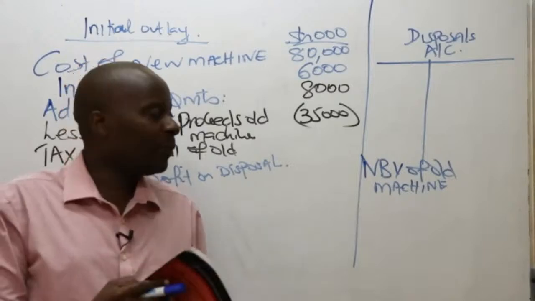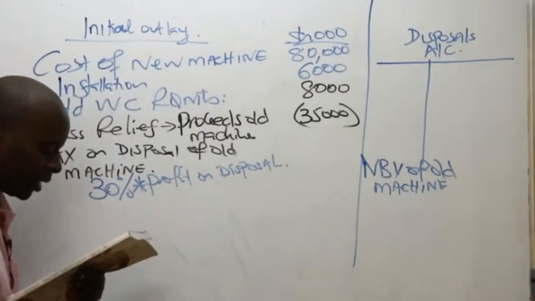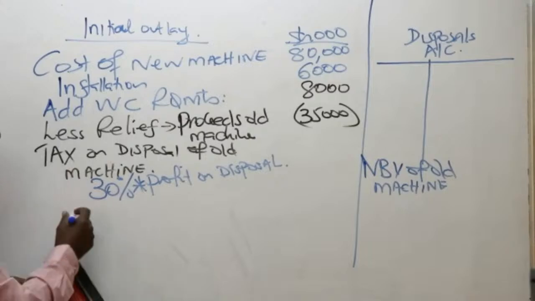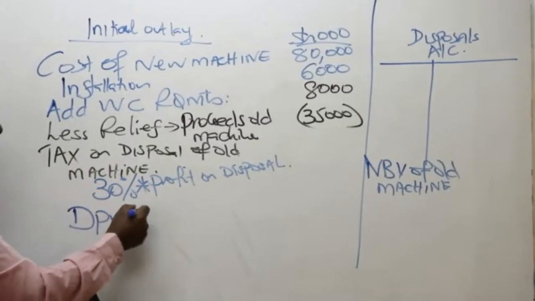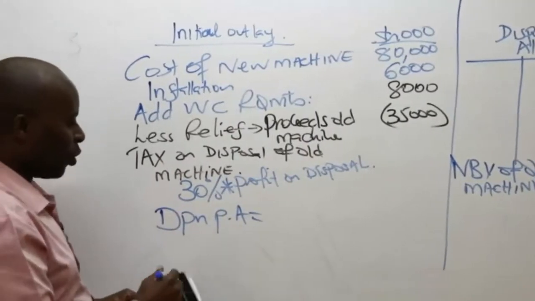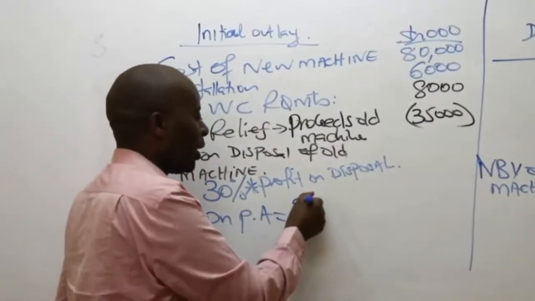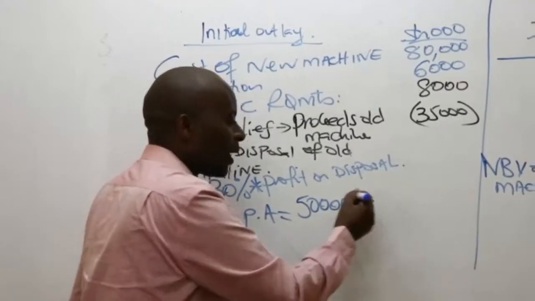How do we get this depreciation? Depreciation per annum will be equal to the original cost of 50,000 minus my scrap value.